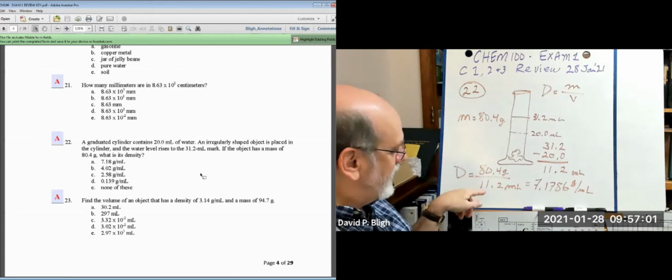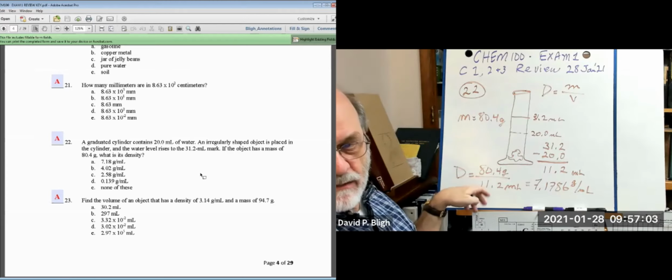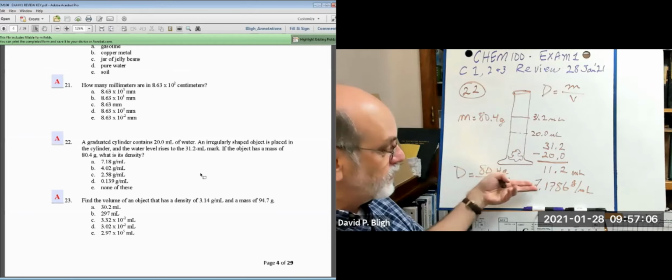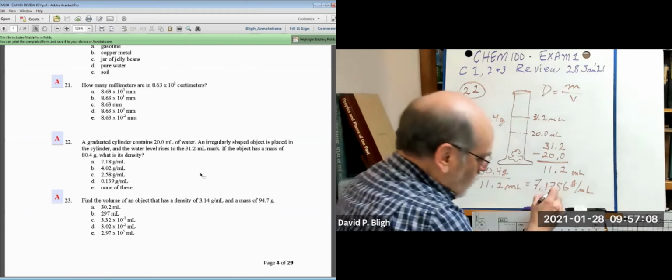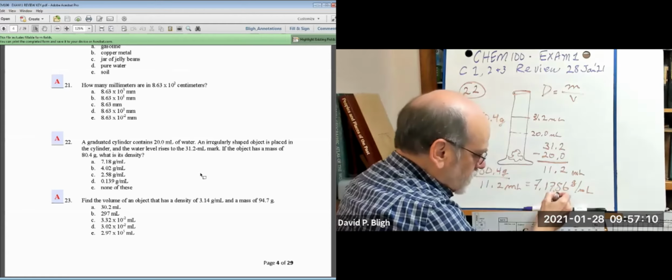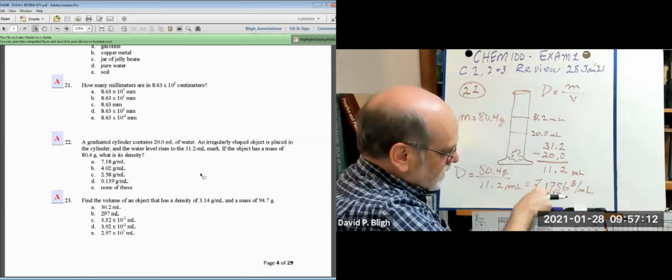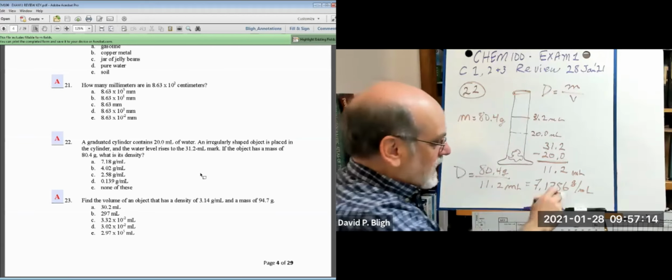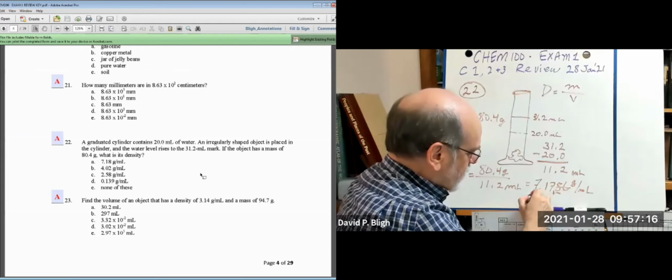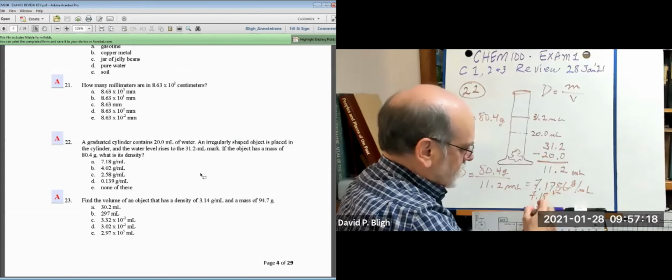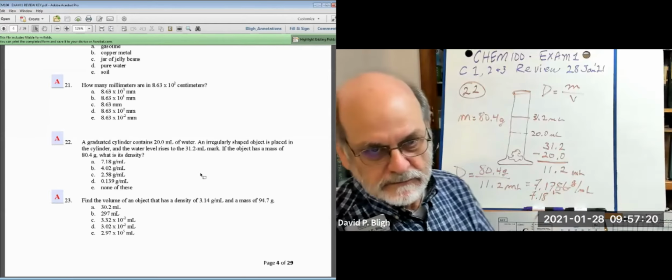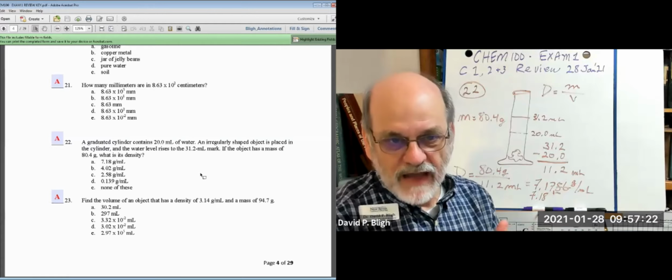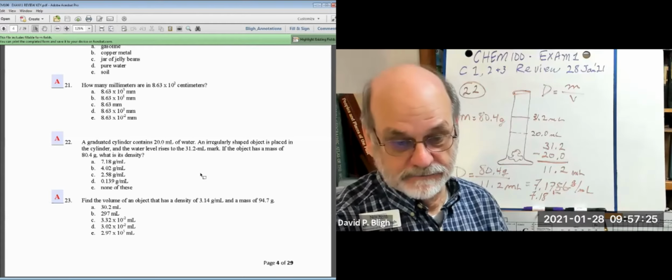Rules for multiply divide say they're both the same, 3 significant figures, so we can keep 3 out over here. So right there, we look to this side, that's 8. So that means this 7 becomes 8, and these go away. 7.18 grams per milliliter. And that's why the answer is A.